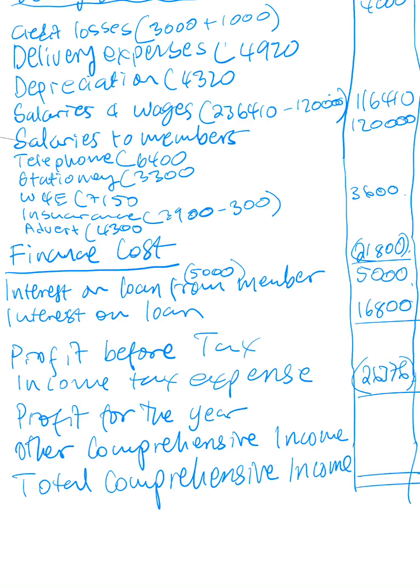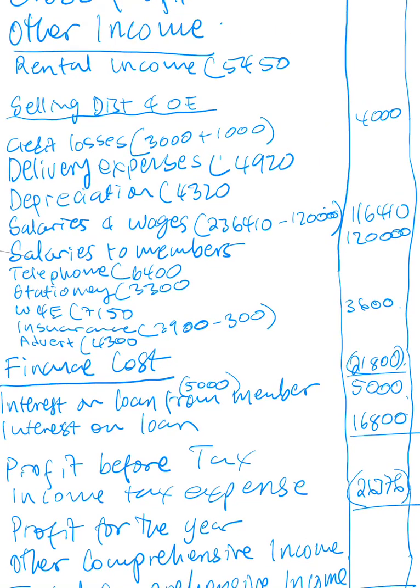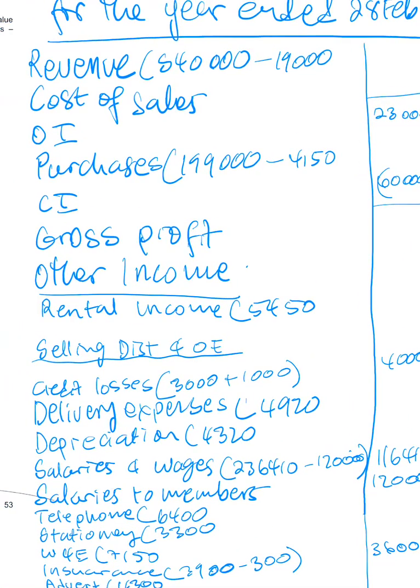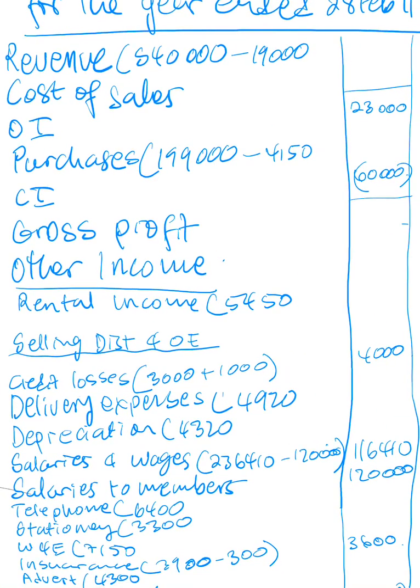Right, so basically we are done with the preparation of the profit and loss account. So you can close off your revenue amount. Then you get 521,000 there. Purchases 199 minus 4,150. You are going to get 194,850.